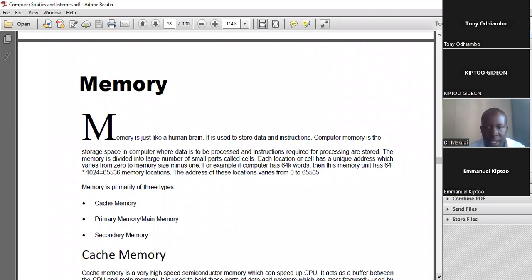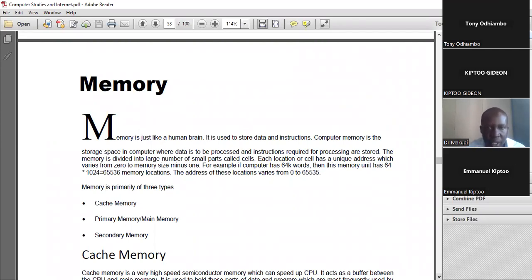A similar analogy: for example, I have a memory of 0 to 9. Then it means that those are 10 address locations. That is why you see the aspect of subtracting 1, because memories range from address 0 to a certain number. So when it is 10 addresses, it ranges from 0 to 9.